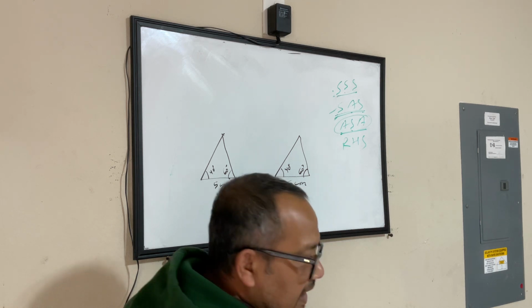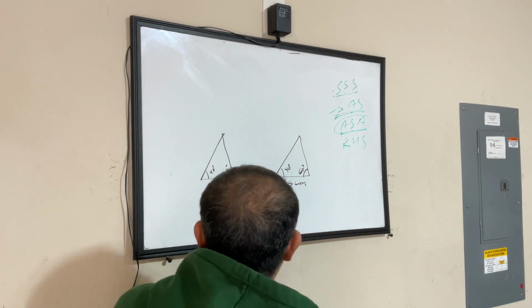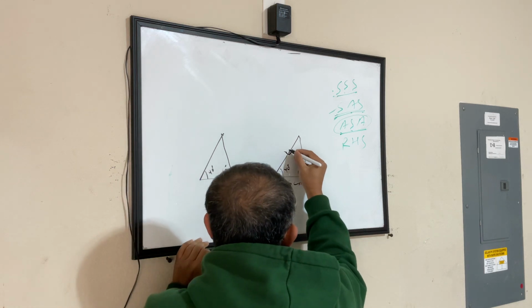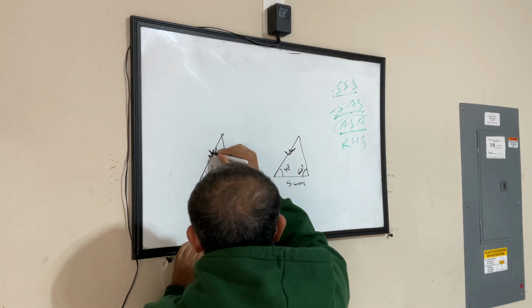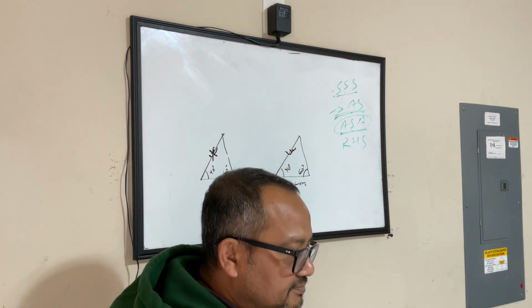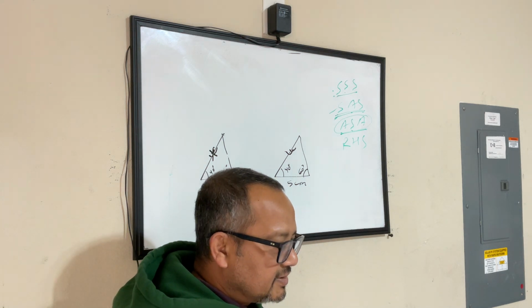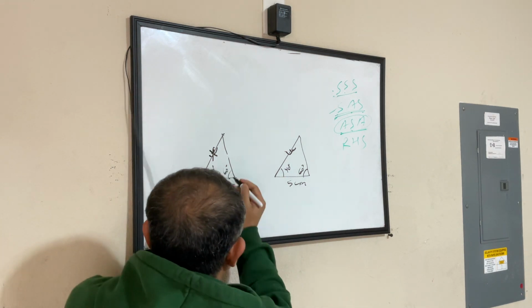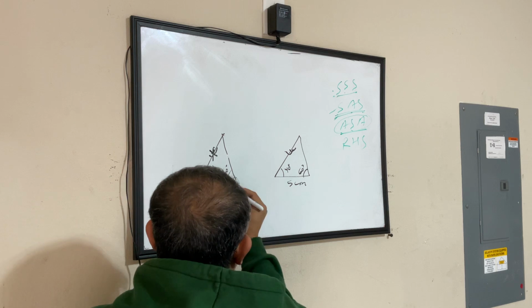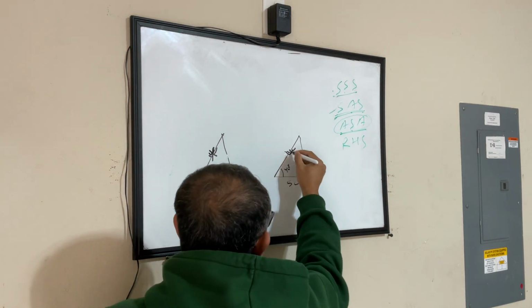Now let's assume that okay, angles are matching, but this side and this side are not matching. Okay? We are saying that these two angles are matching, but this side and this side are not matching.